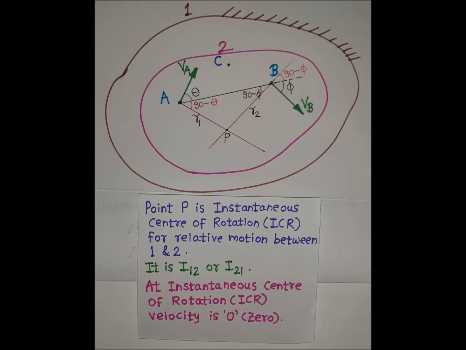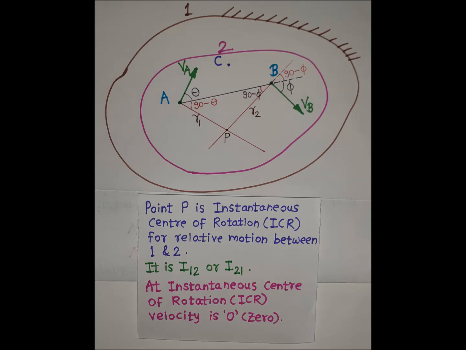How point P or ICR I12 is obtained? Planar body 2 is moving relative to planar body 1. A and B are points on planar body 2. VA and VB is known, that is velocity at point A and velocity at point B is known.